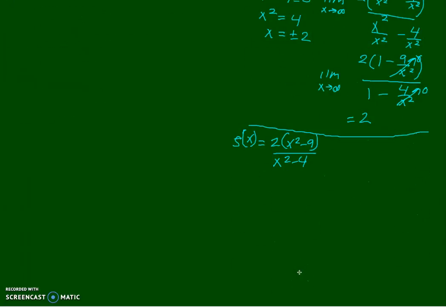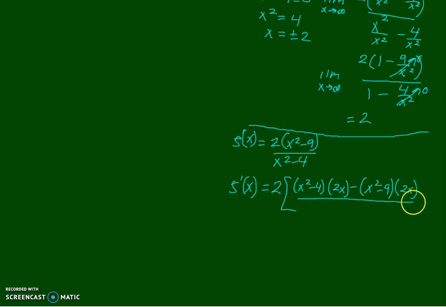Give ourselves a little room here, and f prime of x, we'll use the quotient rule. Pull out the 2 first, and we have low, x squared minus 4, d high, which is 2x, minus high, x squared minus 9, times d low, which is 2x, all over low squared, x squared minus 4 squared.